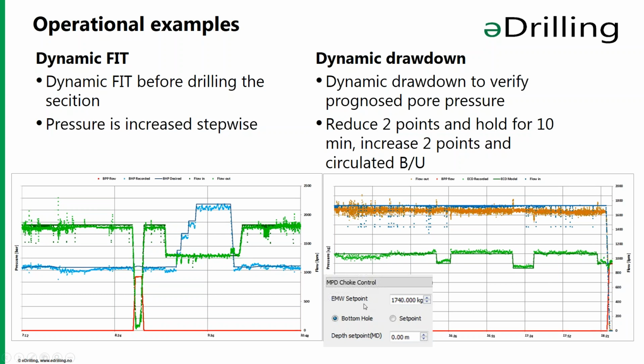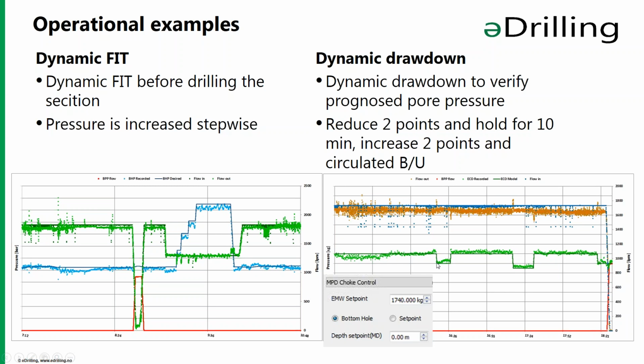They would then increase the set point. You see the set point increases, the PWD value follows. And then we would monitor the trends closely between the flow in and flow out. And the same for the dynamic drawdown. You would like to verify the prognosed pore pressure or verify that a zone is impermeable.